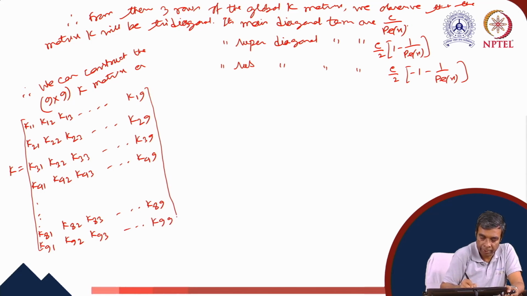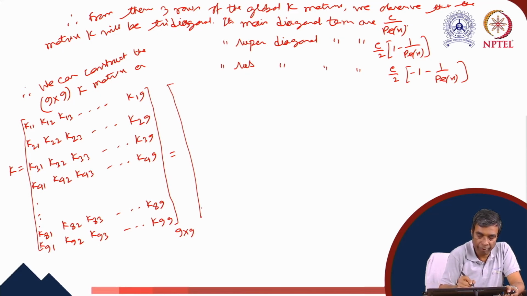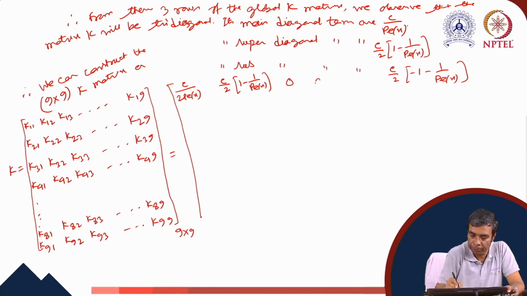So this is our assembled matrix equation structure, a 9 by 9 matrix. So we can insert the terms here. In the first row we get C by 2 PEX, then C by 2 into 1 minus 1 by PEX. The remaining terms, from the 3rd to the 9th, will be all 0 in the first equation.